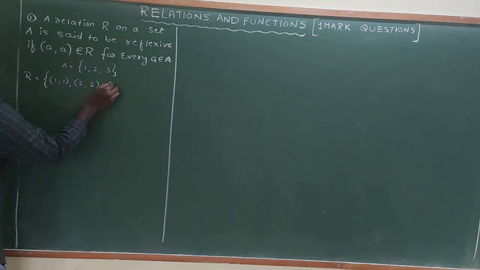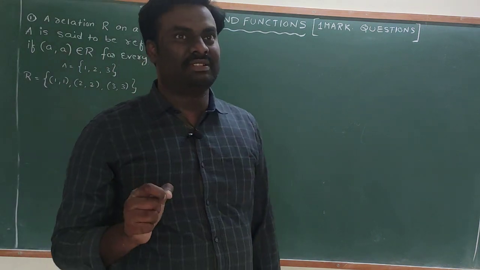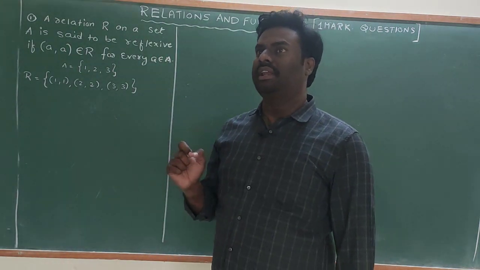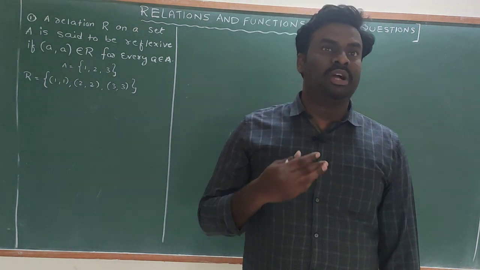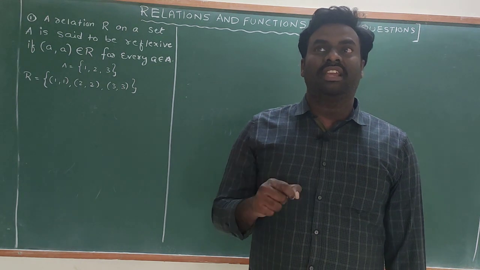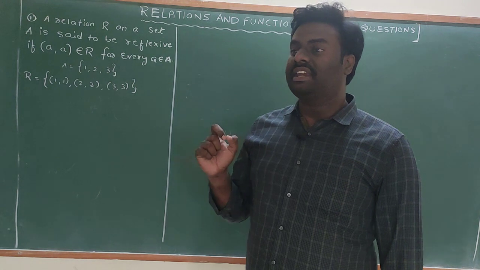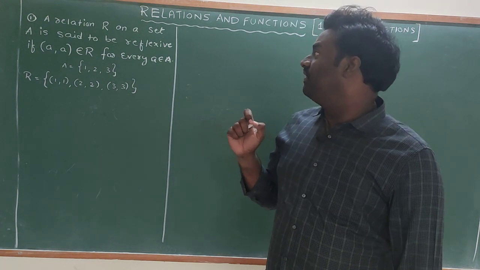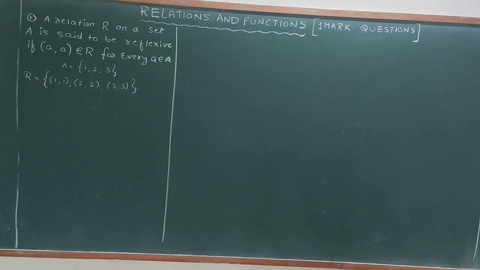If you take 3, the pair will be (3, 3). These pairs belong to the relation R. That relation is called reflexive relation. That is the first question in this chapter.